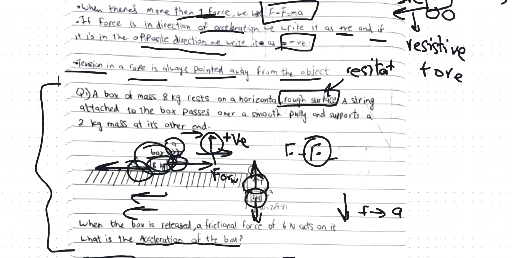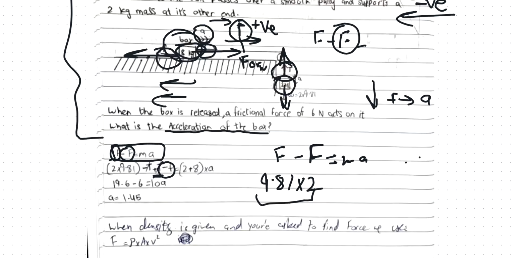So there will always be friction when they tell me the surface is rough. And this friction, remember, it's in the left direction. So I'll take it as negative. So I'll write it as negative F. This is the friction in the opposite direction. So this equals MA.